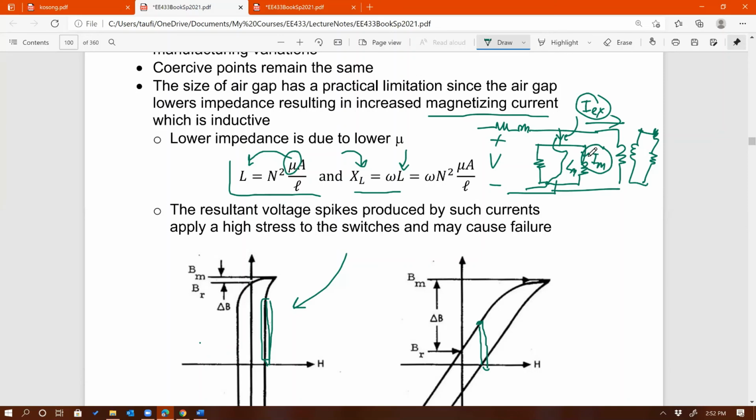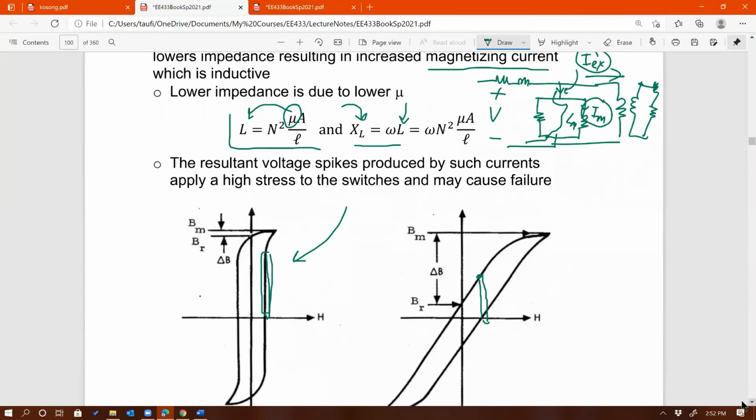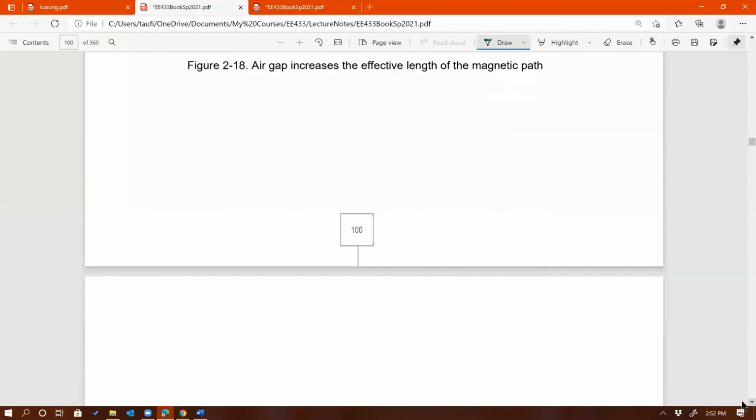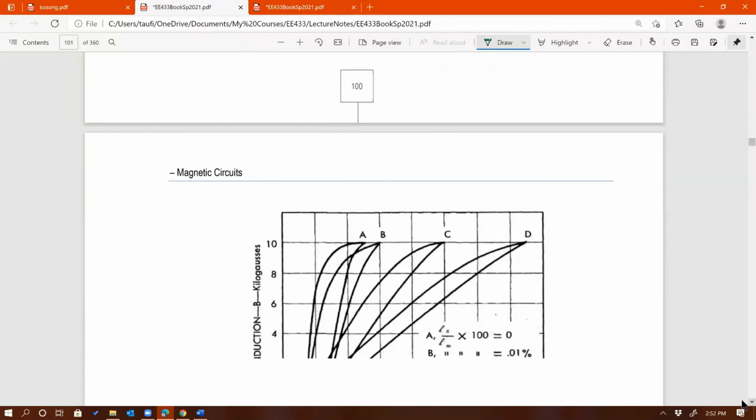So therefore, the reactance of this magnetizing inductance gets lower as well, and for a given voltage applied to the transformer, you get more excitation current and also more magnetizing current as a result, right? So that is not good. That represents again another disadvantage of air gap.